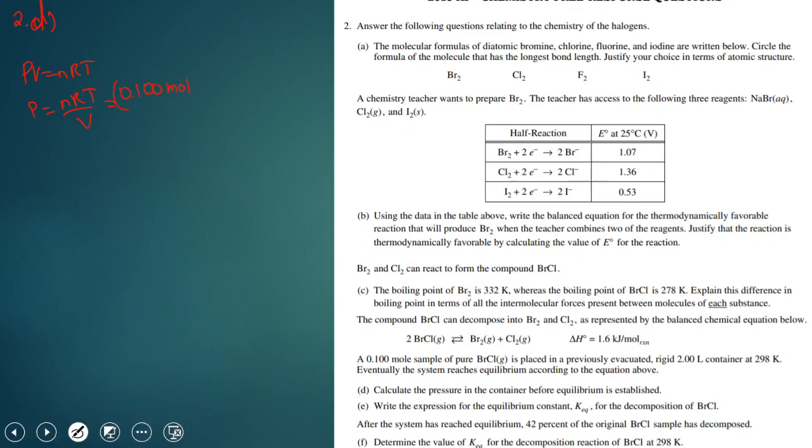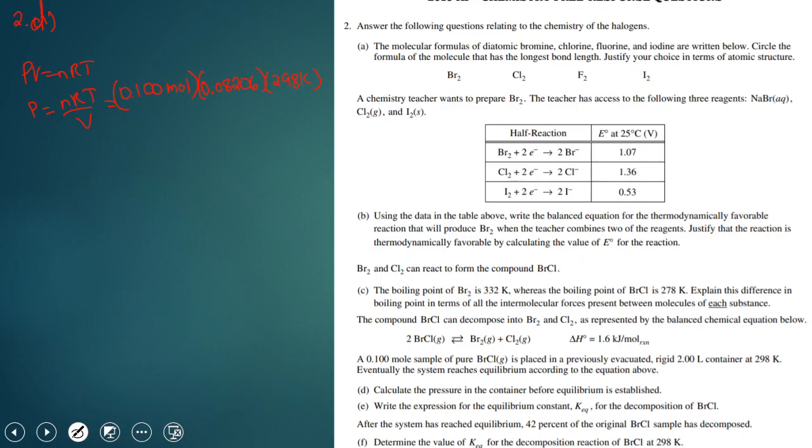So 0.100 moles times the gas constant. Keep in mind, we're used to seeing the atmospheric gas constant, not the ones in kilopascals you may have seen, but it's 0.08206. I'm running out of room, so I'm not going to write the units, but on the actual AP exam, I would suggest that you write the units for everything.